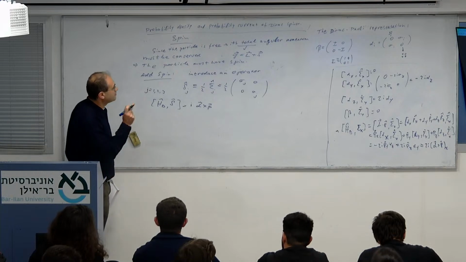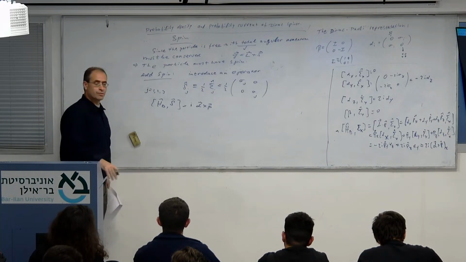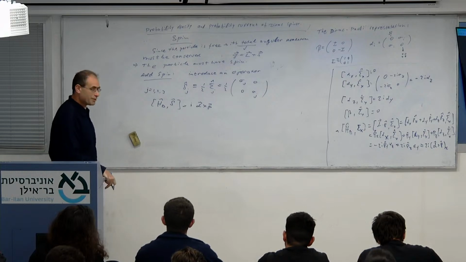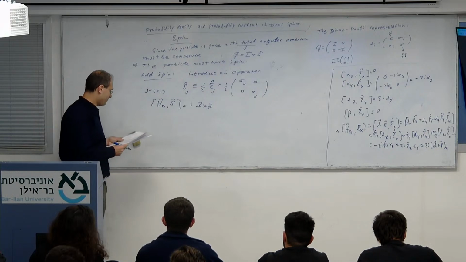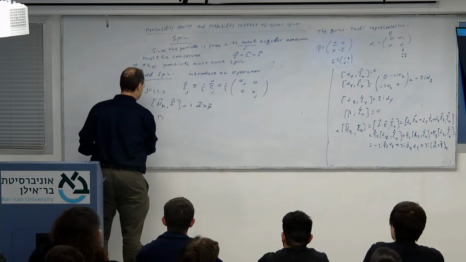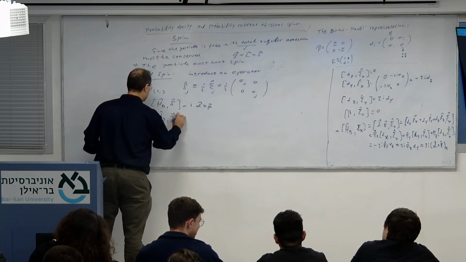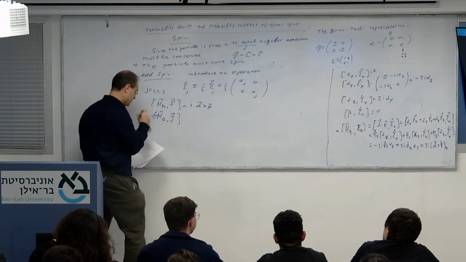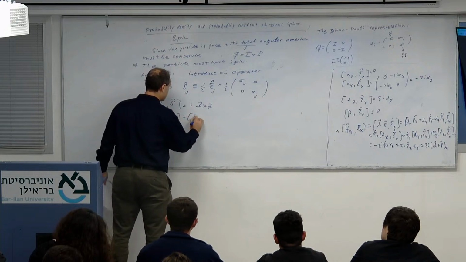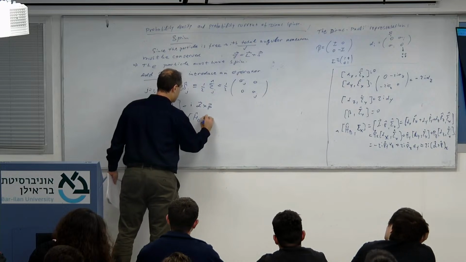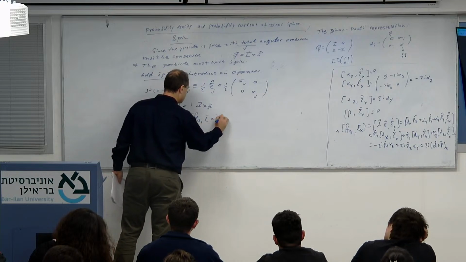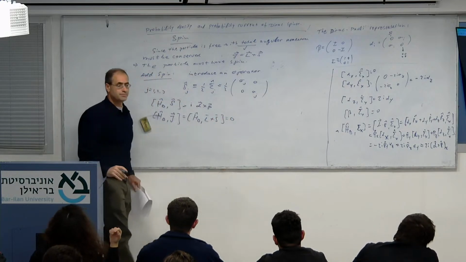But we also find that L does not commute with the Hamiltonian. Together, we have that the commutator of H_D and J, which is H_D with L plus S, is equal to 0.